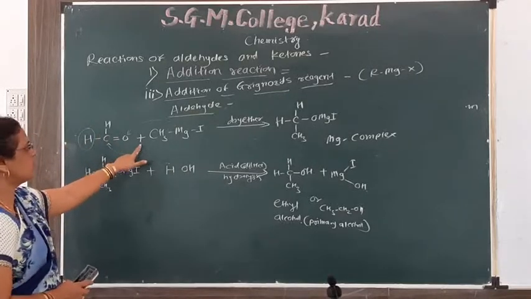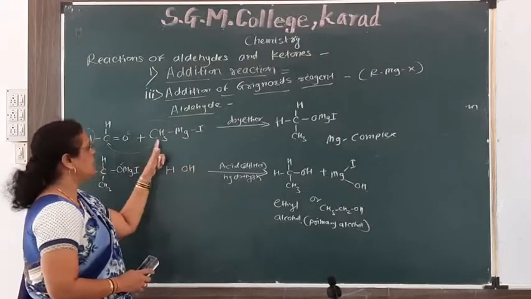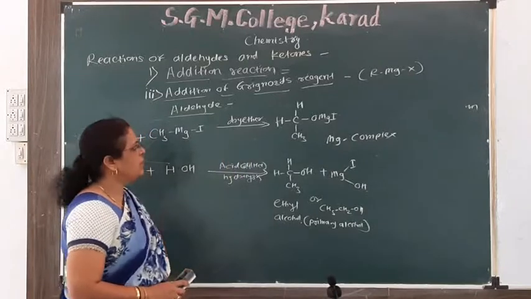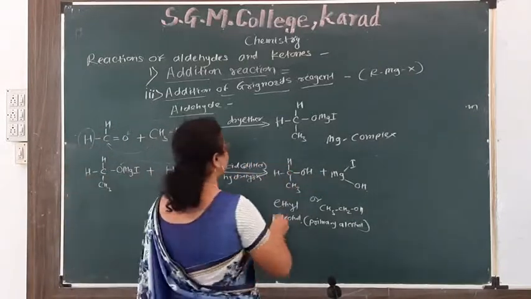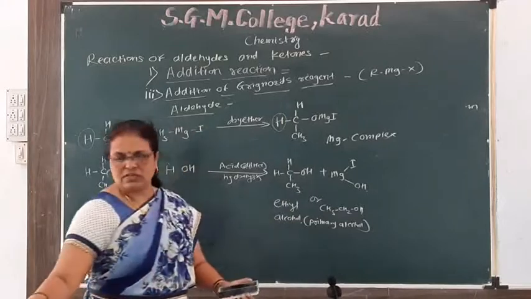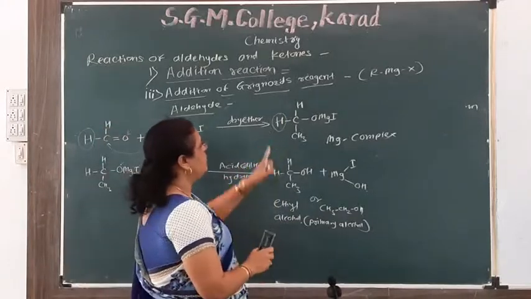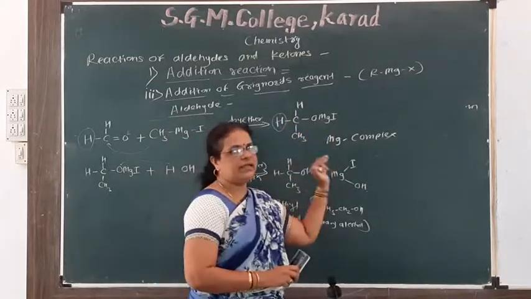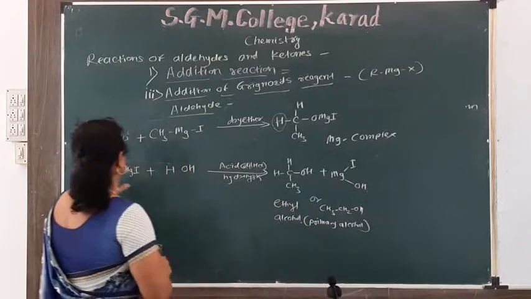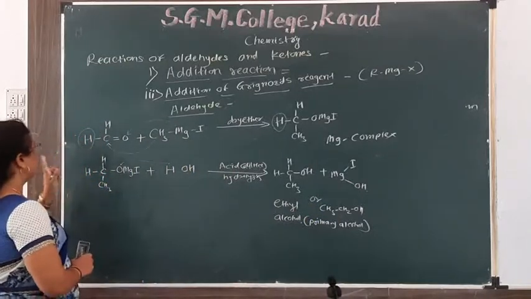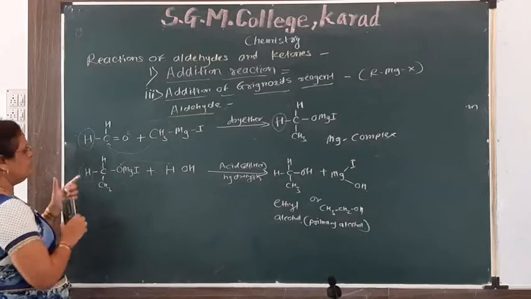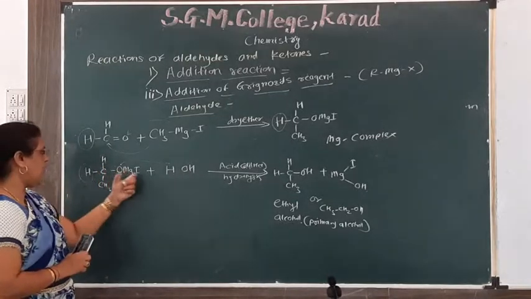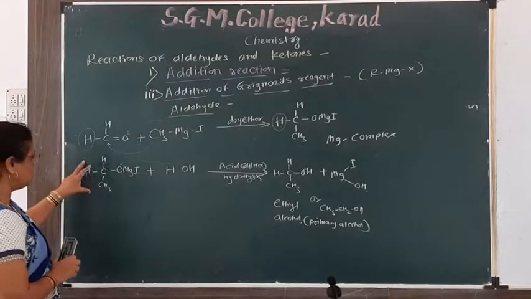CH3CHO plus CH3MgI, methyl magnesium iodide, the Grignard's reagent, in presence of dry ether, gives the magnesium complex. The product is CH3CH(CH3)OMgI, that is a magnesium complex.